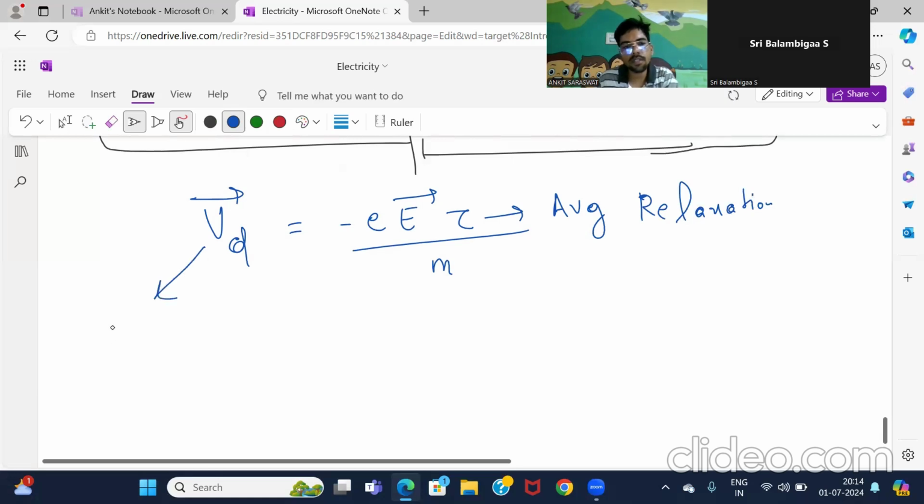What is drift velocity? It is the average of the velocity of electrons.